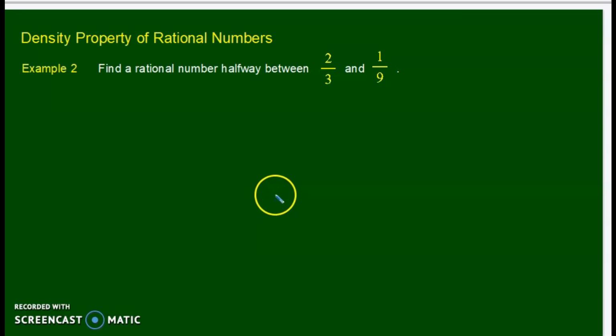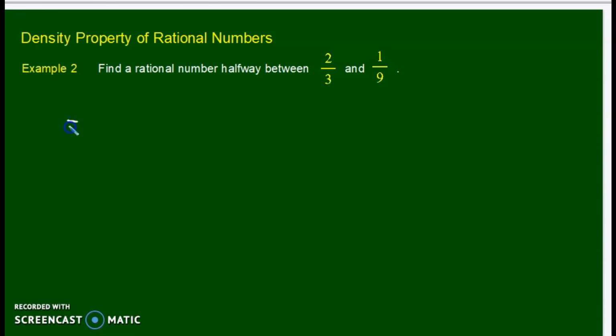So this time, you're going to get still a rational number halfway between two given fractions naman. Okay? So, just like what we had in the first example, all we have to do is to get the average of the two. Instead of dividing by 2, gagamitin naman natin ngayon yung multiplication equivalent niya, multiplying by 1/2.